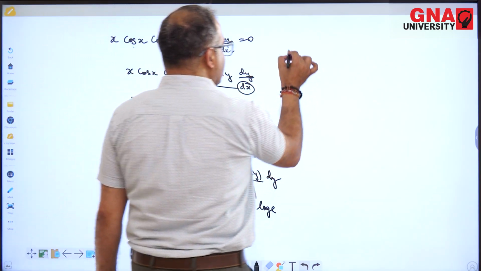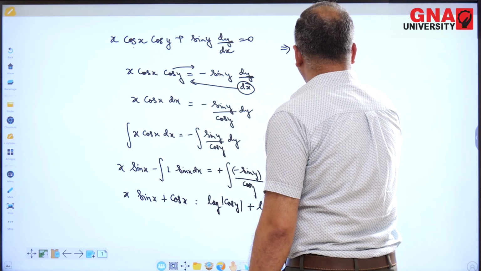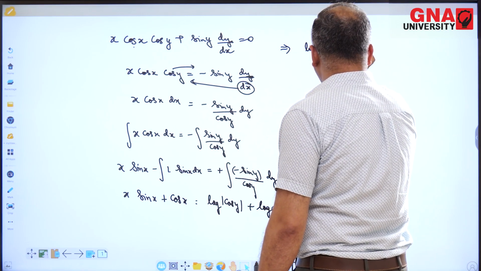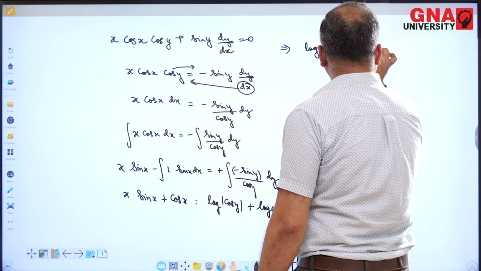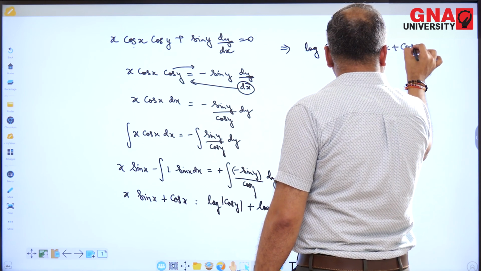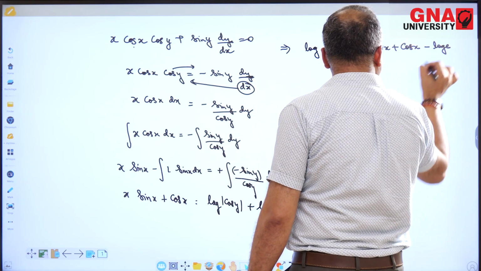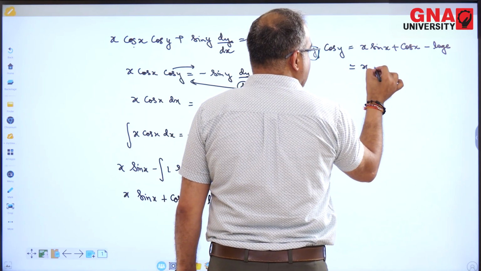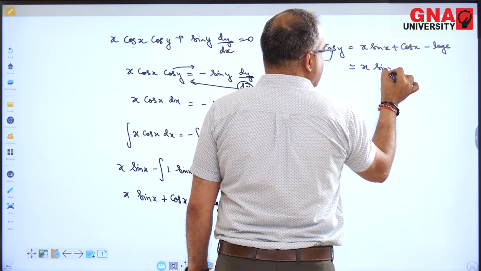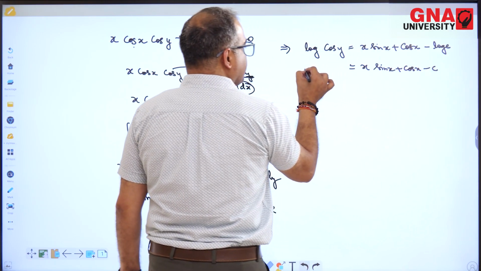So we reduce to the solution now, that log of cos of y is equal to x sin x plus cos of x minus log of c, or we can substitute this value log of c as only c.